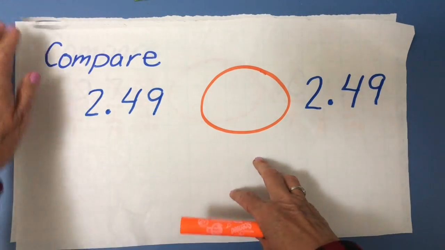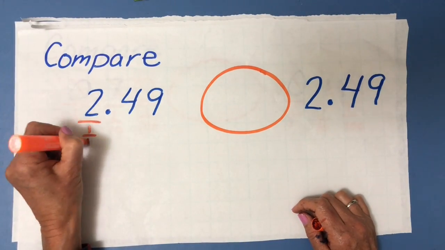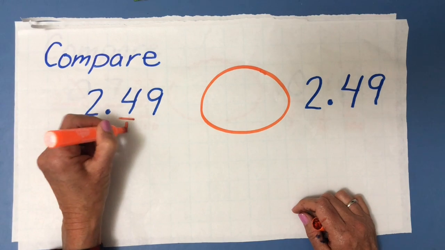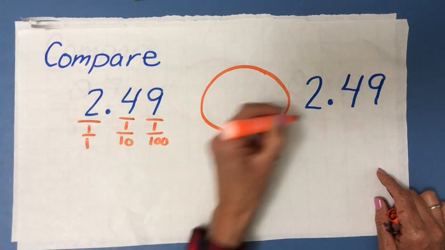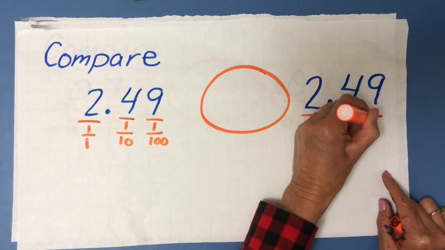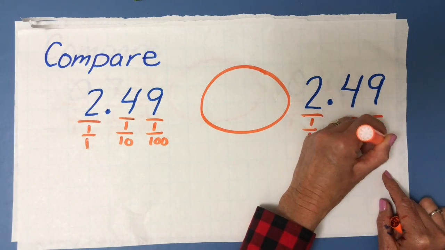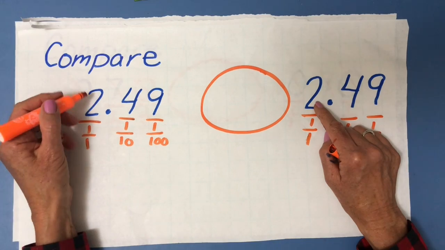Now, this problem here, again, we do the same thing. The ones place, the tenths place, the hundredths place, the ones place, the tenths place, the hundredths place. Now they both end in the hundredths place, so I'm good. So now I check.